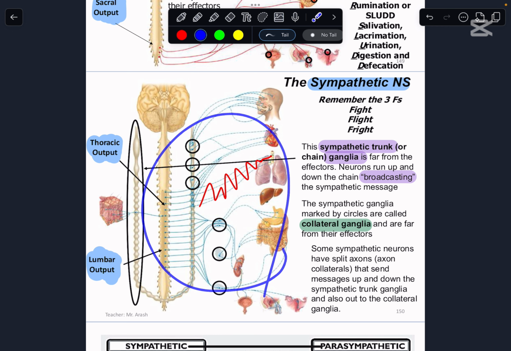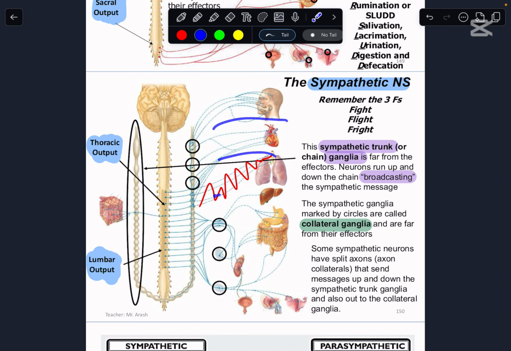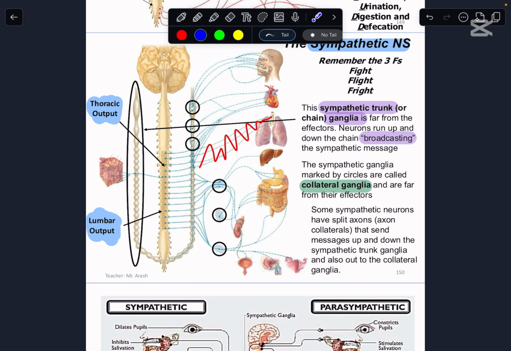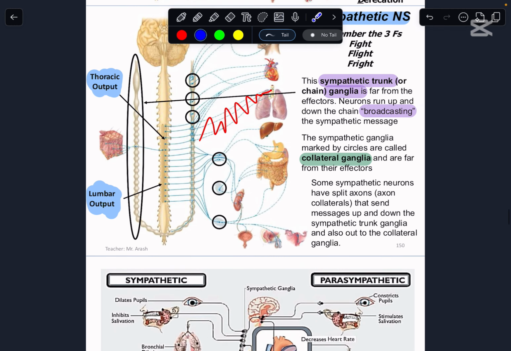But here the situation is probably very dire, very serious, very urgent. And so that urgency needs coordination, synchrony between all these organs, which is mediated by this trunk. So just make sure you understand that when it comes to your sympathetic nervous system.